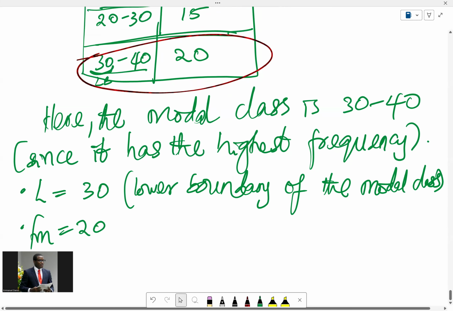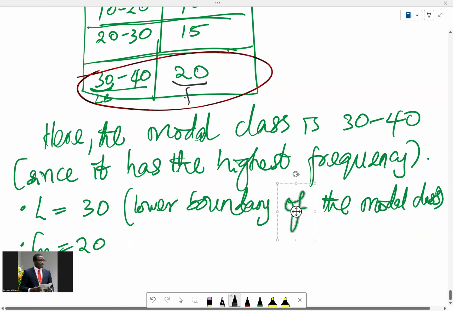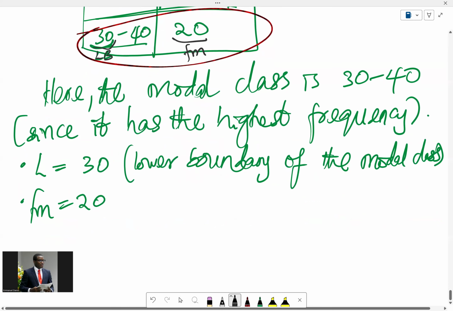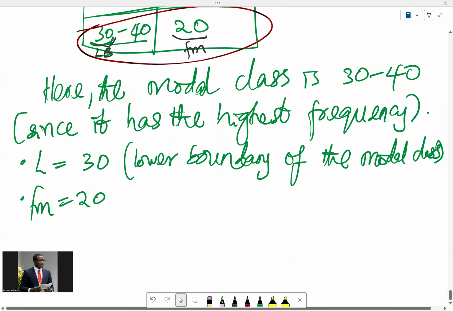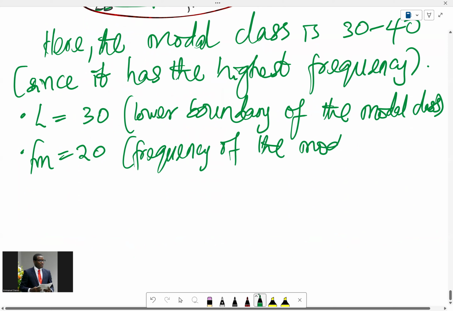And that's simply 20. 30 is the lower boundary, don't forget. 20 is the frequency of the modal class.